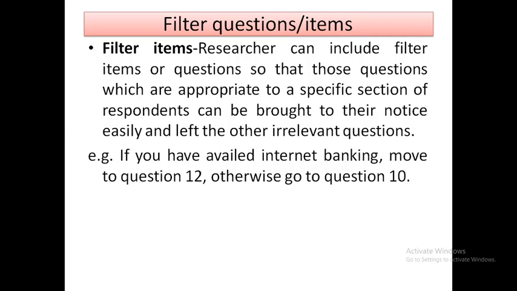Those who are not availing internet banking need not answer question 12; they should go to question 10, and those who are availing internet banking should directly move to question 12 and skip question 10. This is called a filter item. It reduces the time of the respondents.